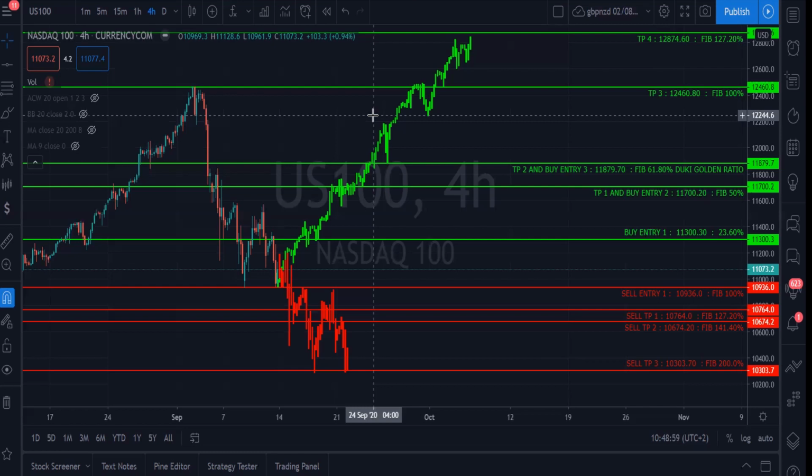Then Tuesdays, you get import and export indexes that affect NAS a lot. And then Mondays, I think they have some monthly reports about home sales or retail sales or something. But every day there's some news that affects the price of NAS.